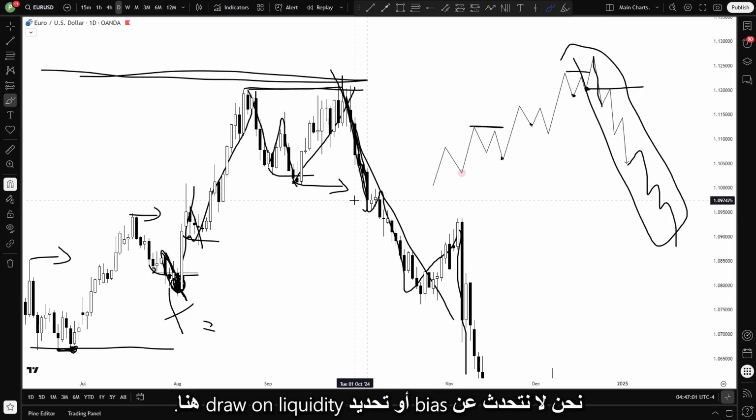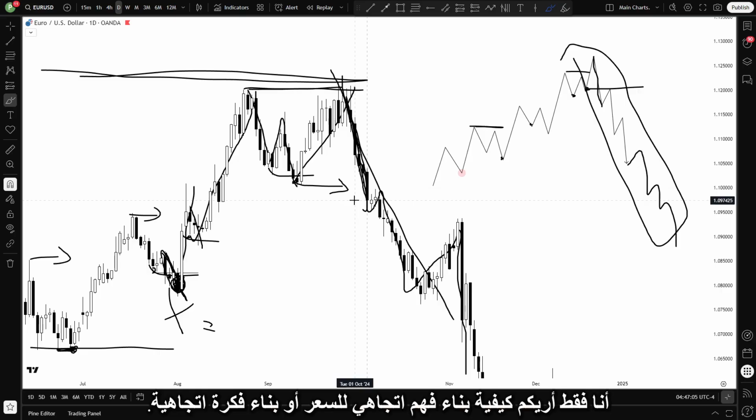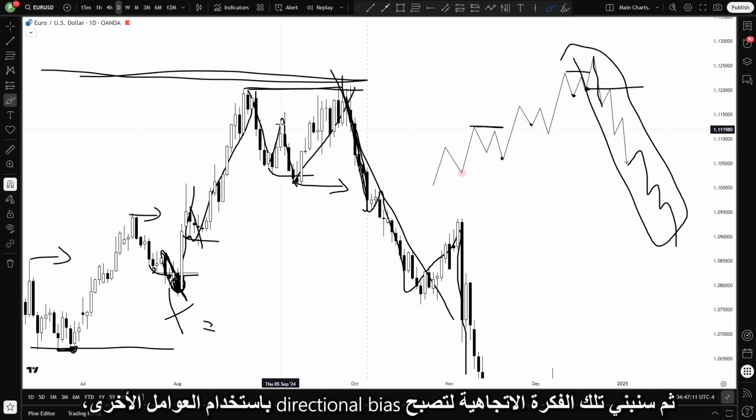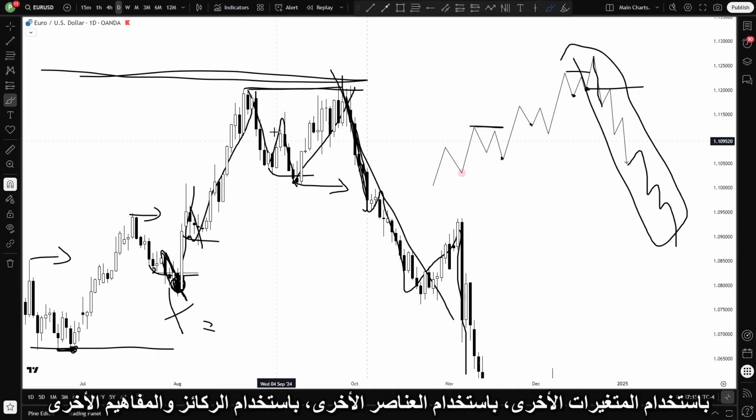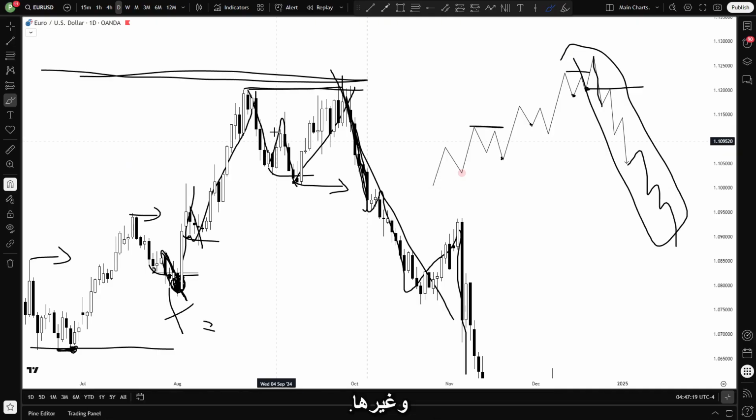We are not talking about a bias or determining draw on liquidity here. I'm just showing you how to build a directional sense of price, and then we will build that directional idea into a directional price using the other factors, the other variables, the other elements, the other pillars and concepts.